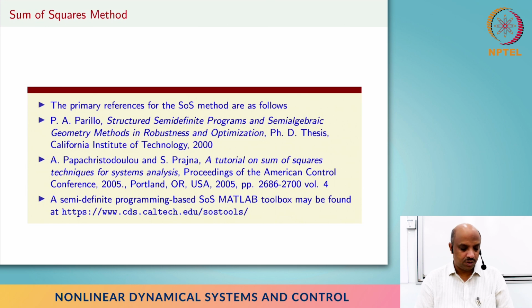The original reference by Parrilo is his thesis. The second one is from the persons who actually worked on the toolbox, I think, and they provided a tutorial on sum of squares techniques for systems analysis, specifically for Lyapunov functions and things like that. And the toolbox itself can be found at this particular URL.